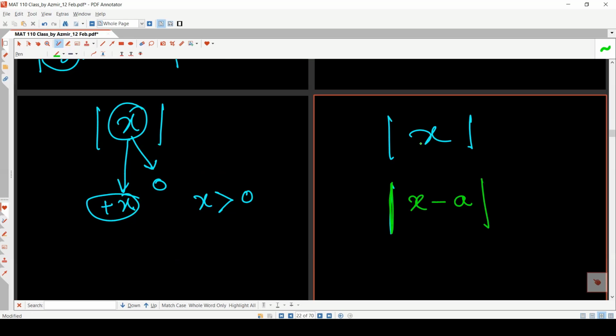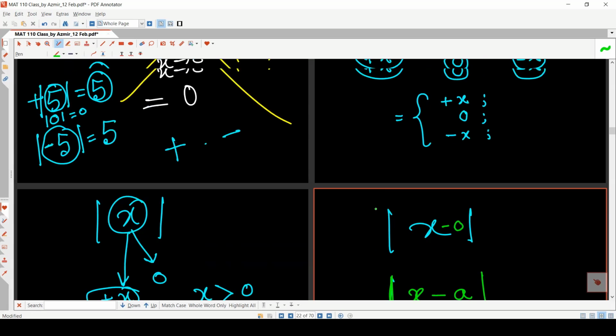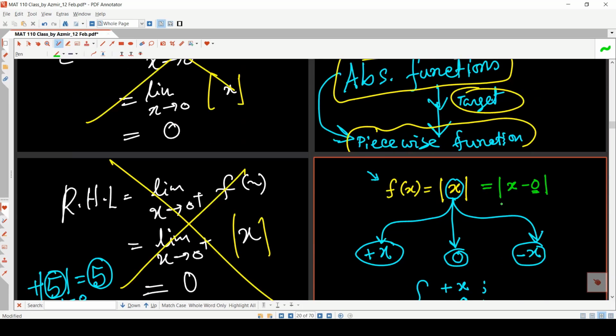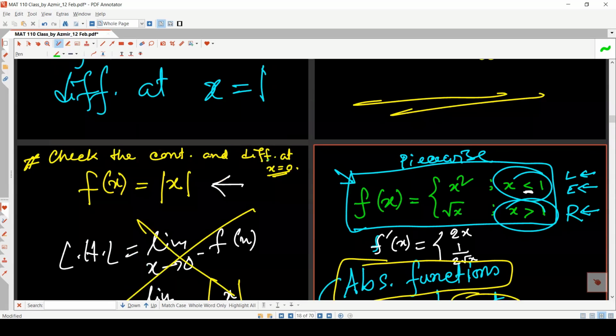So if we compare modulus of x with modulus of x minus a, where a is any real number, actually invisibly we have 0 here. That means f of x equals absolute value of x is nothing but modulus of x minus 0. So based on this 0, I have written here, check the continuity and differentiability at x equals 0.